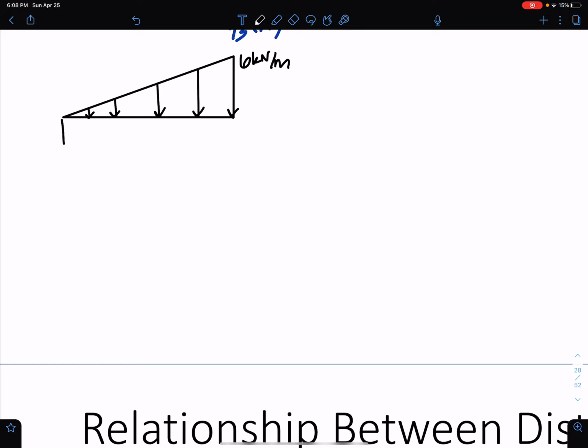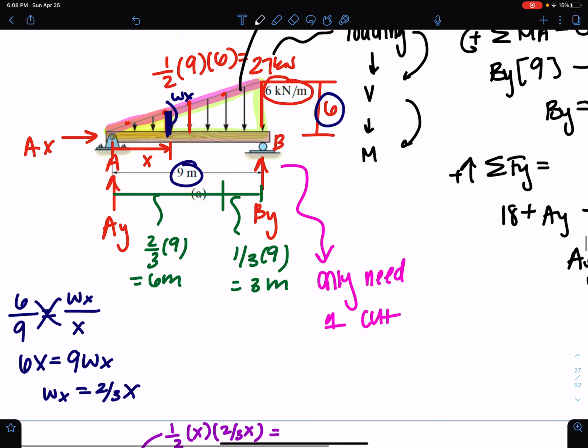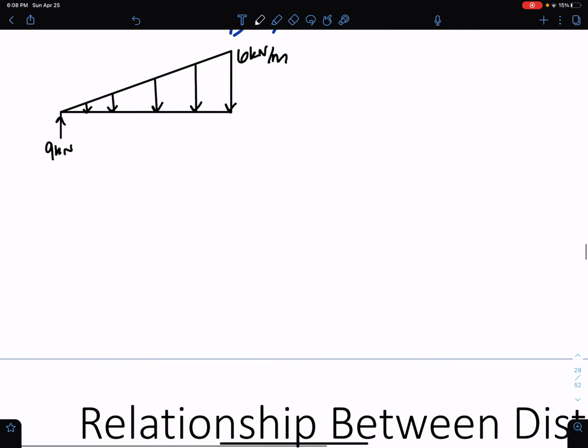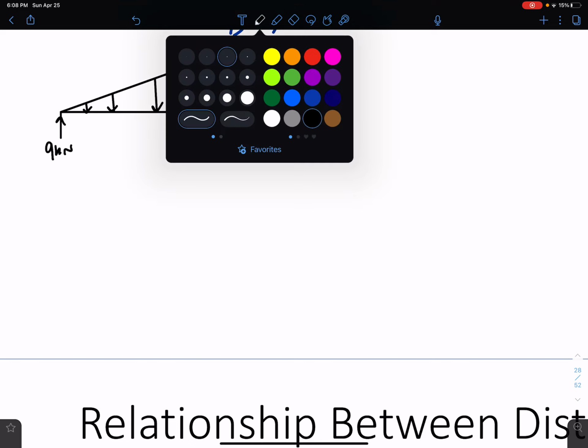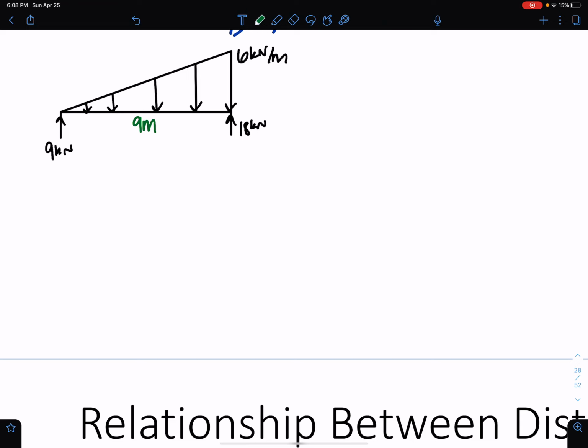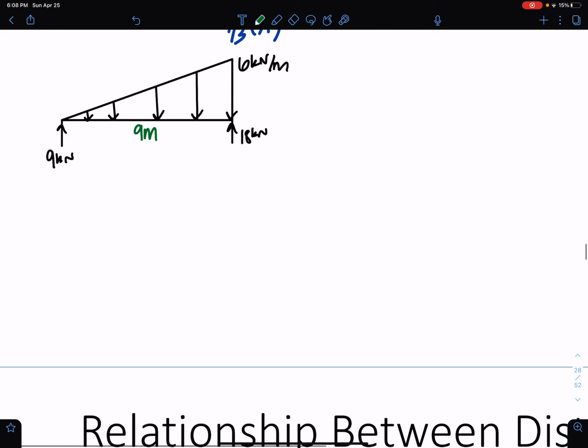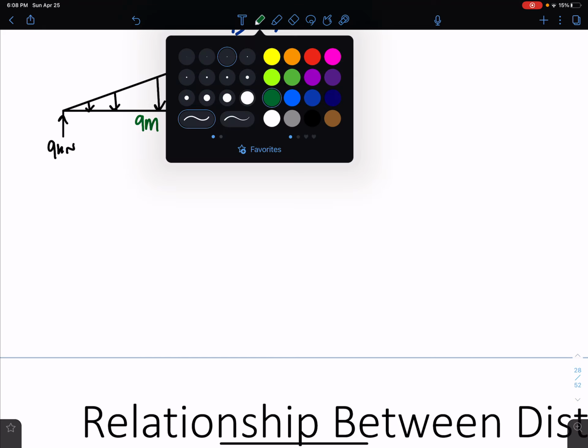We have 9 kilonewtons, and then our By was 18. And we have 9 meters for the total length, and we have 27 kilonewtons for our resultant load. Okay, so now we're going to draw our shear and moment diagrams here.